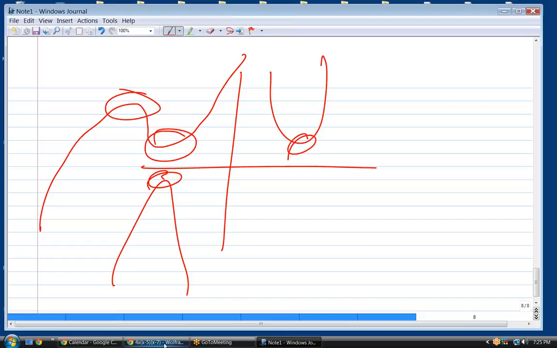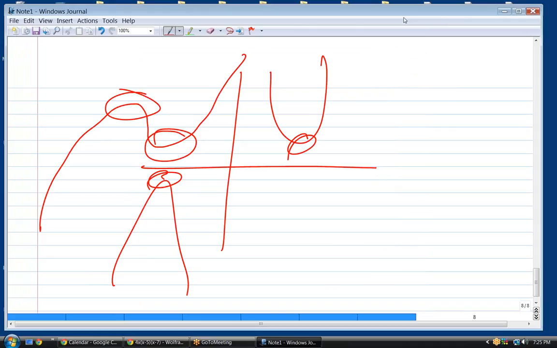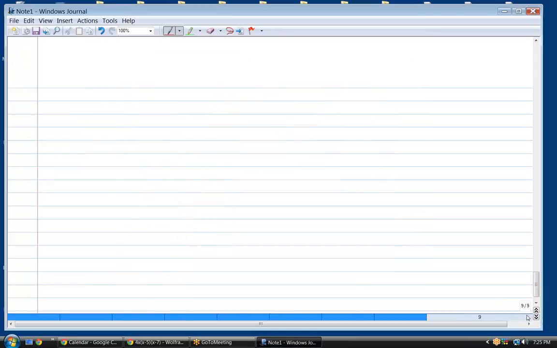It just so happens that on our curve, we know our domain is restricted from 0 to 5, so we only have to find the maximum in that region, and that comes right about there. But your calculator would tell you what it was. Okay? What else you got?